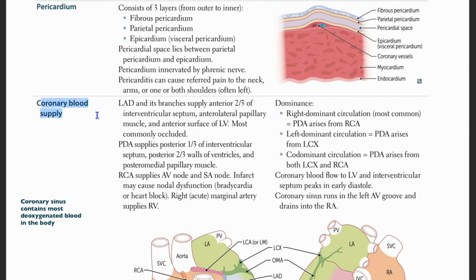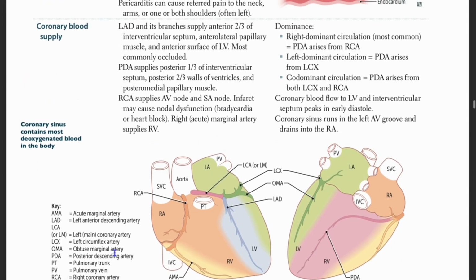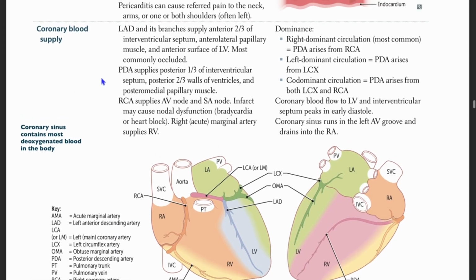Okay. Coronary blood supply. Out of these, you need to know these 3 at least, and all the other ones are just there. Left anterior descending, that would be this one right here. When you think of this, think of it like on your own self looking down at the heart, and then it will be easier.